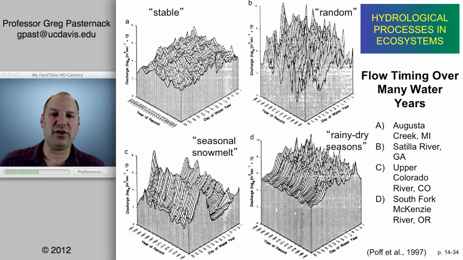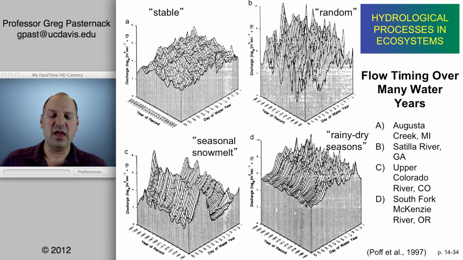We could think of that as fairly random, with not a lot of predictability there. Here's a case where there's seasonal snowmelt, so a very strong peak during the spring, maybe some small flows during the winter associated with rains. And then here's an example where there's a fairly steady period with some very large spikes. That's a rainy season, and then a low flow period that's a dry season.